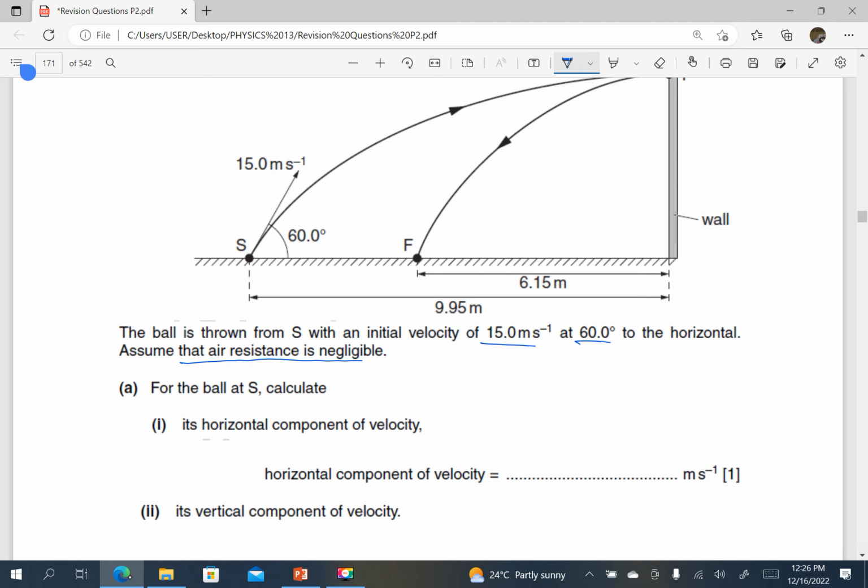Horizontal component. We just resolve 15 in the horizontal, which is going to be 15 cos 60, that is 7.5.